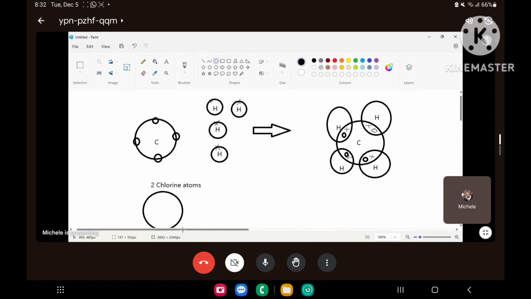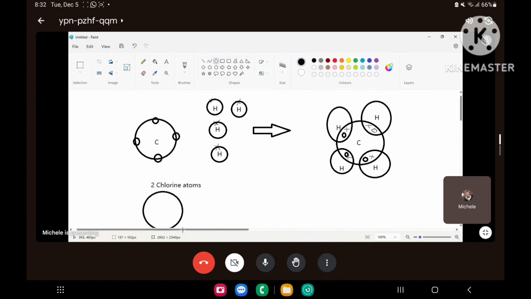Now we need to pick the smallest number, which is 2.27, and divide all the values by 2.27. So 4.54 divided by 2.27 is 2. Then 9.15 divided by 2.27 is 4.03, but we make it 4 because we want whole numbers.